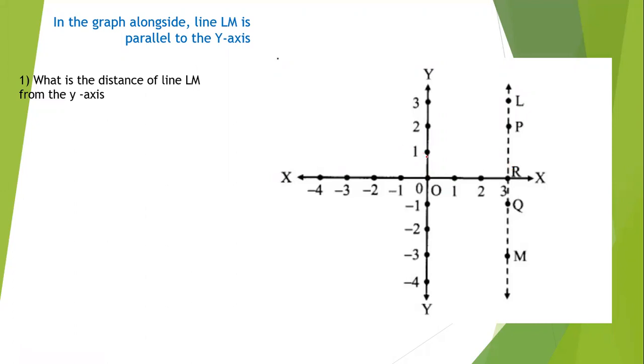So you can see y-axis over here and line LM over here. So what is the distance? Distance is this. So if you will see the distance from y-axis, it is 3 units, right? The line is on 3, right? Line LM is on 3. It means its distance from y-axis is 3 units. So for this, you will write the answer just as 3 units.